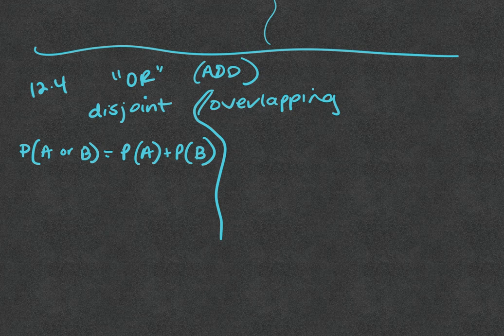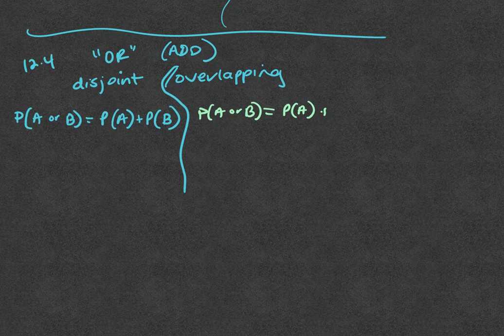So pulling a red card and a heart, or a red card and a jack, or rolling an even number and a number bigger than 4 can have overlap.